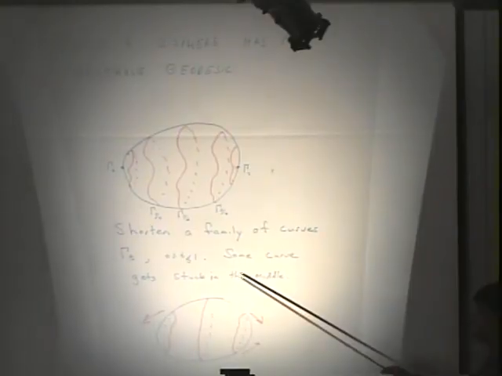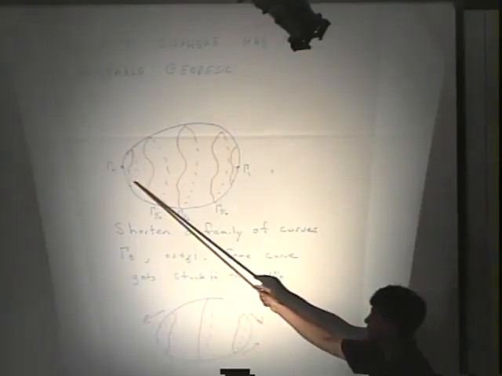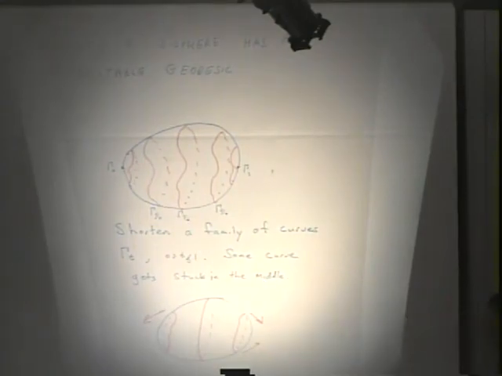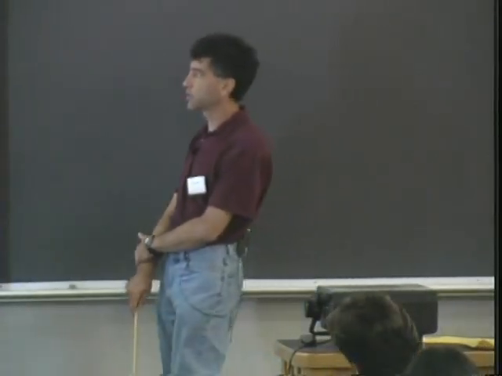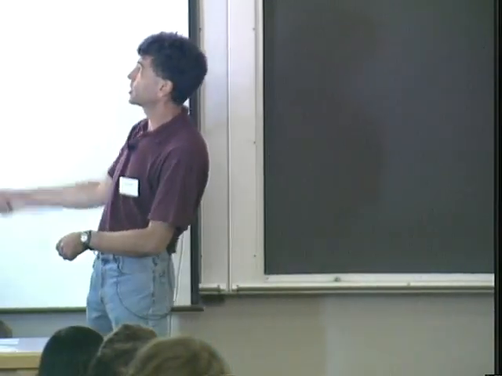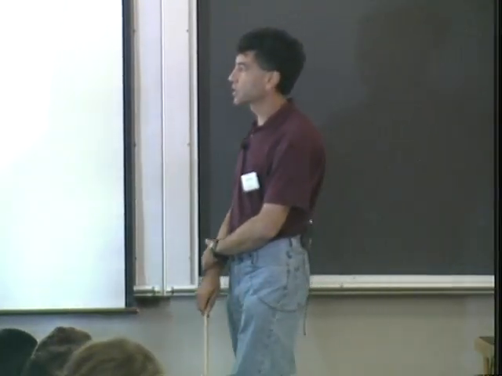What you do is you start with a family of curves, gamma t. You start with gamma 0 and sweep out the whole two-sphere by a family of curves, starting and ending with a point. Then you shorten all the curves in the family at the same time. You pick some shortening procedure, of which there are quite a few, and shorten them all at the same time.